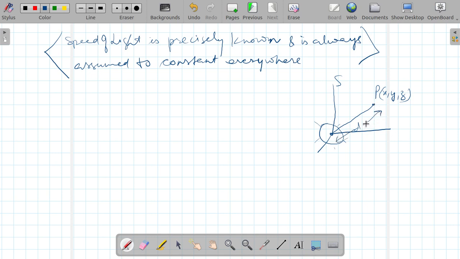At t naught equal to 0, when the light is on, it will take some time to reach point P, and it traveled a distance d. So the time taken for the flash of light to reach point P is d upon c.